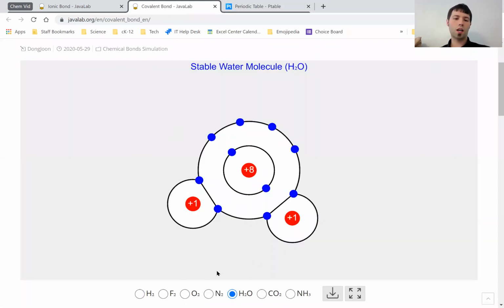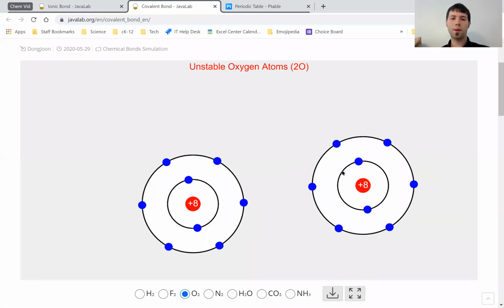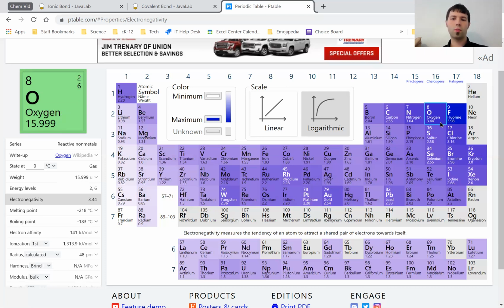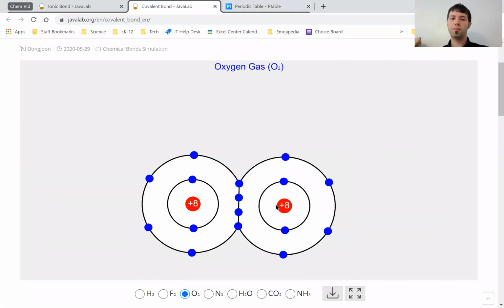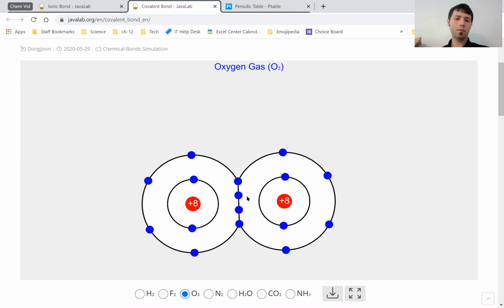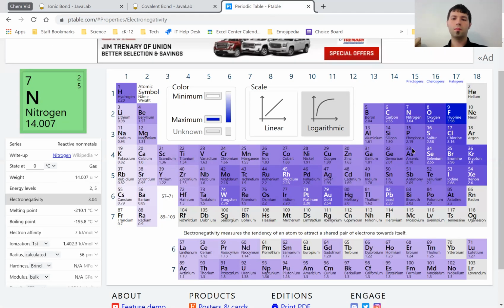Our other example is oxygen and oxygen. They're the same atom, so they have the same electronegativity. 3.44 minus 3.44 is 0. That's going to form a covalent bond because it's less than 2. That one is a really easy example.